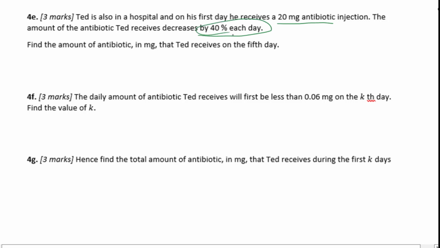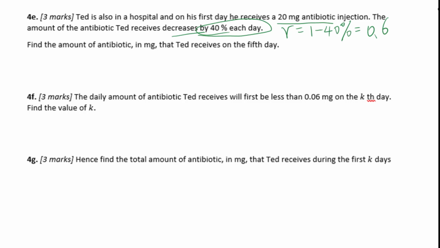By 40% each day, which means this is a geometric sequence. R equals 1 minus 40%, that equals 0.6. Find the amount of antibiotic in milligrams that Ted receives on the 5th day.